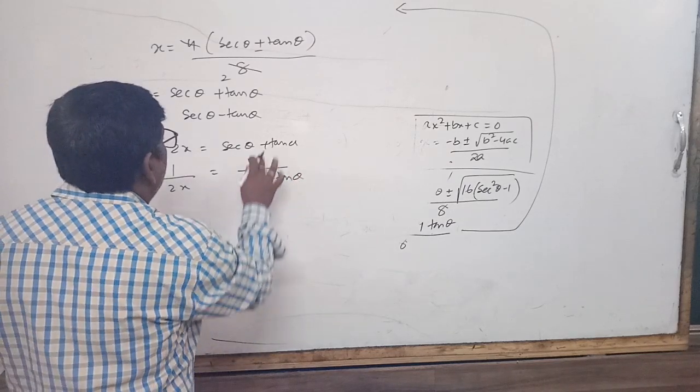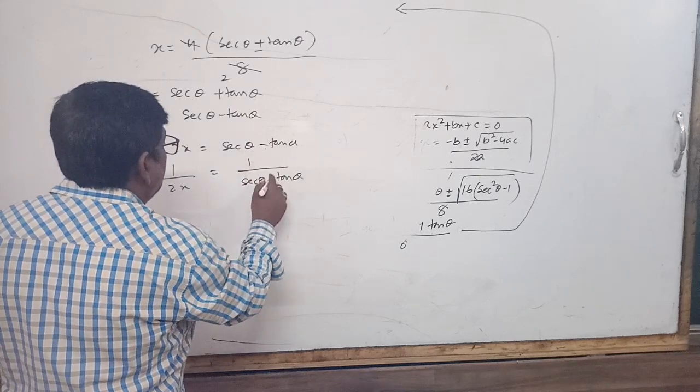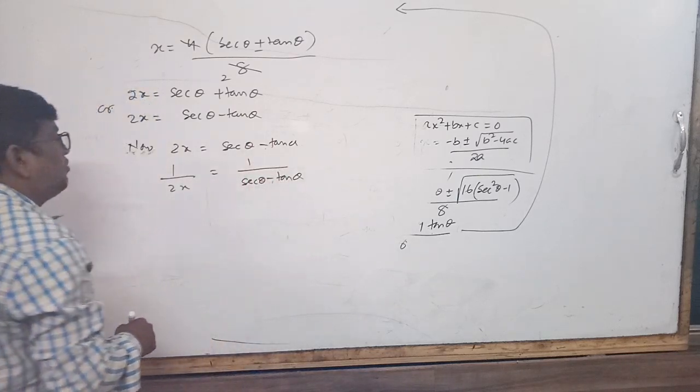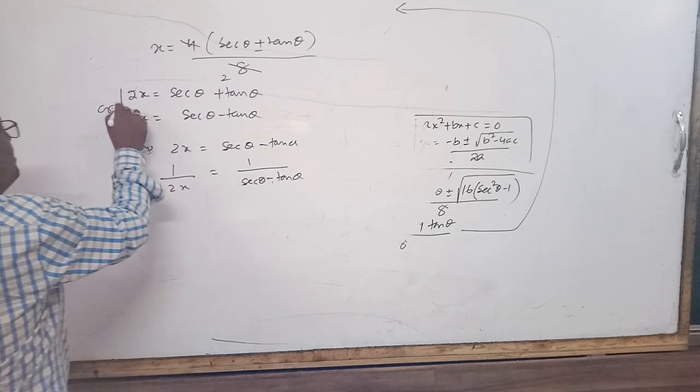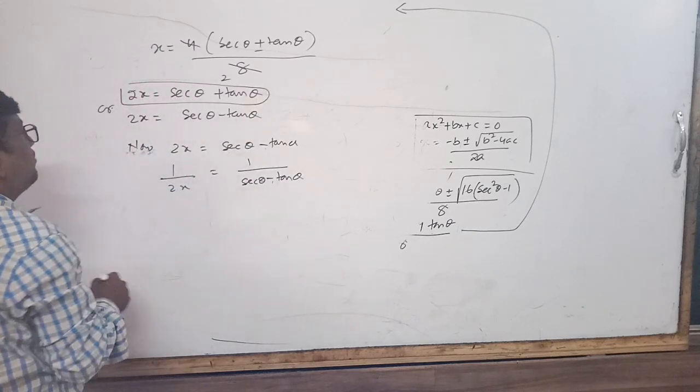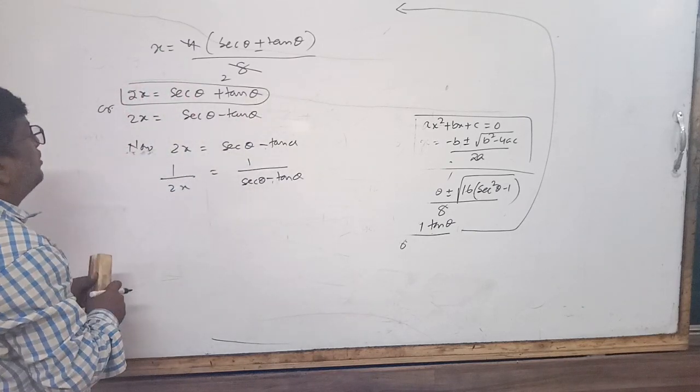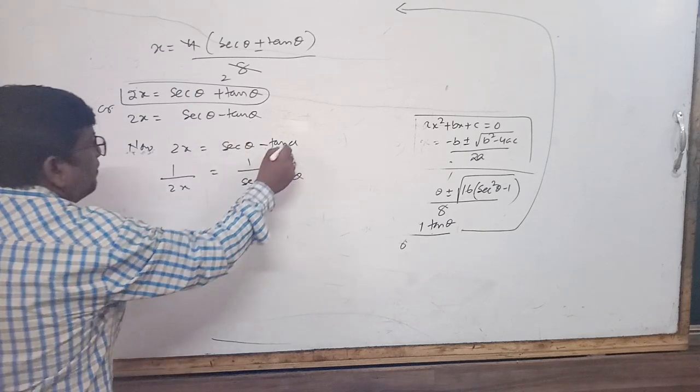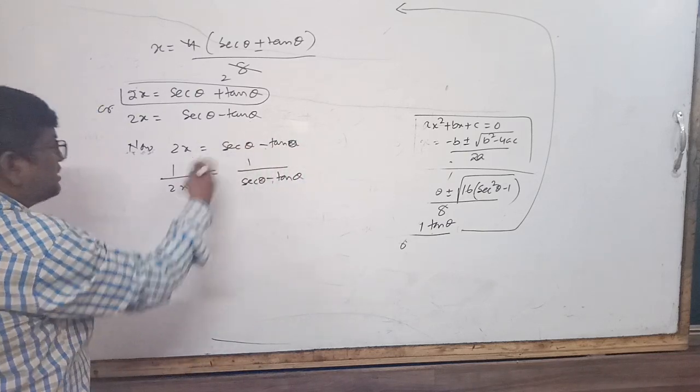This is one proof. For the other, 2x is equal to sec theta minus tan theta. Clear? And rationalize it.